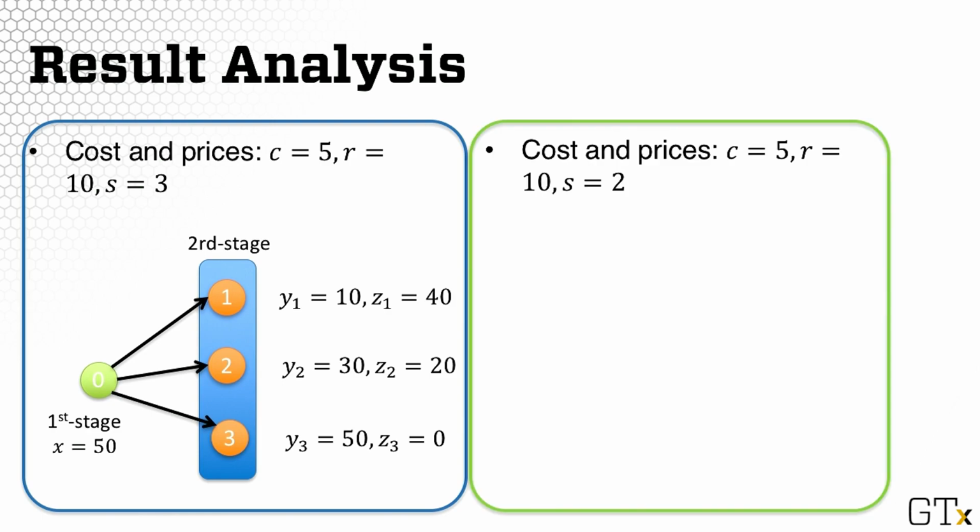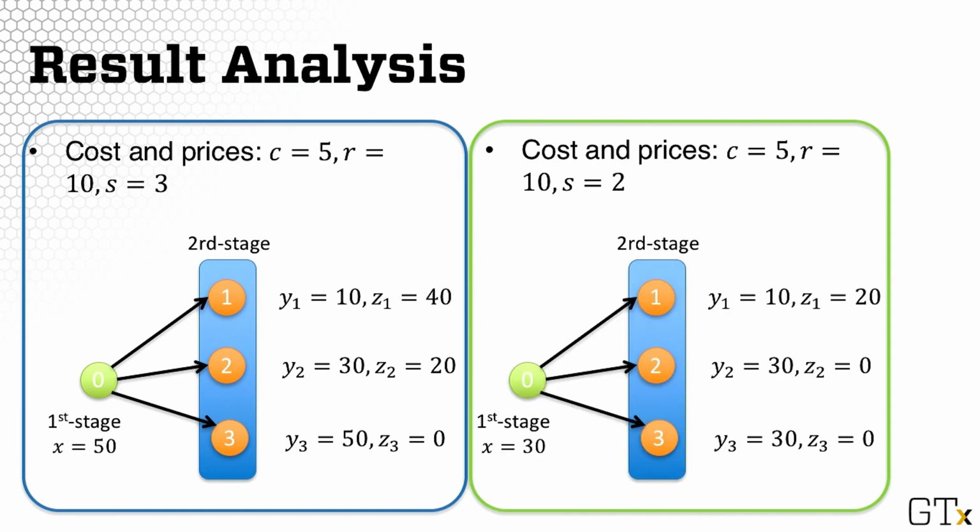What about some other scenarios? For example, if the salvage price is reduced to $2, less than 3. If the salvage is less valuable, does that change our decision given the same demand distribution? And the answer is actually yes.